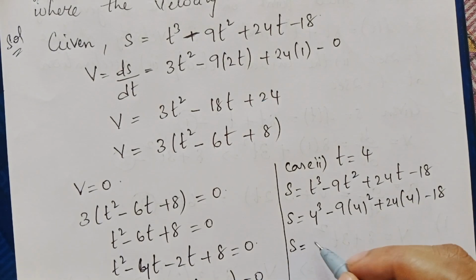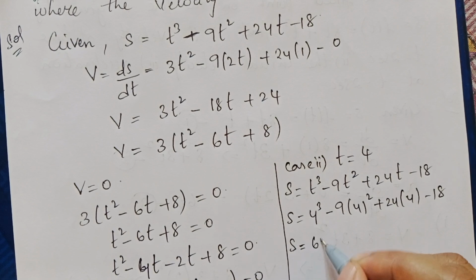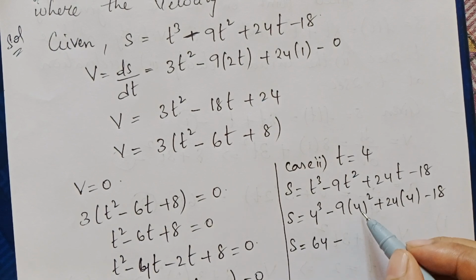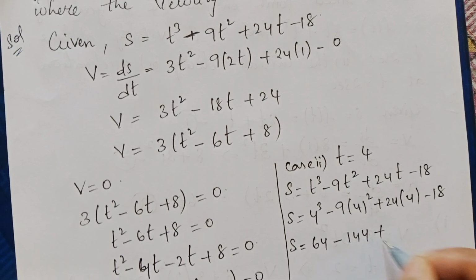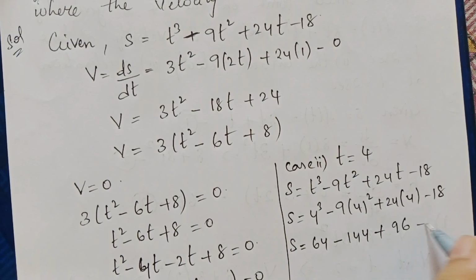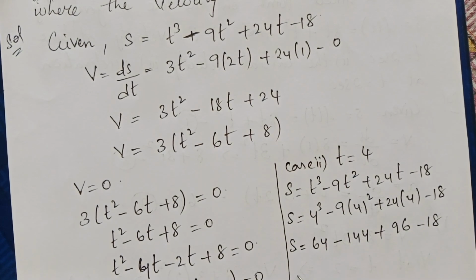So s is equal to 64, which is 4 cubed, minus 4 fours are 16, 16 into 9 is 144, plus 24 into 4 is 96, minus 18. So s is equal to 160 minus 162, which is equal to minus 2.